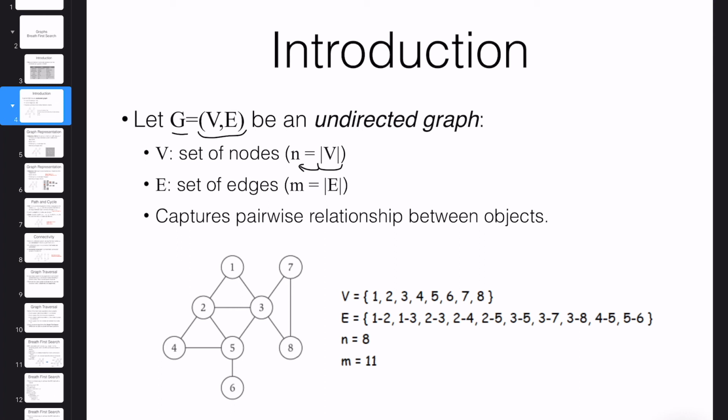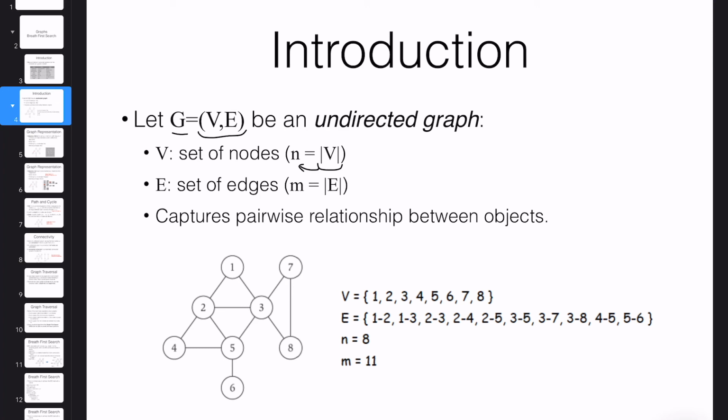In different textbooks, with different notation, they either use n and m for the number of vertices and edges, or simply use the pipe character, the size of V or the size of E.